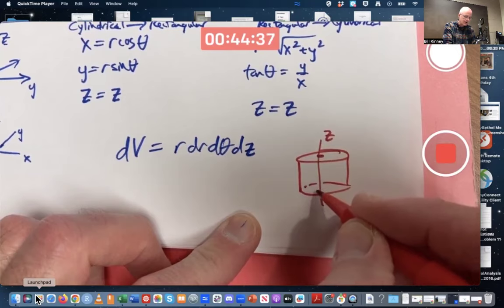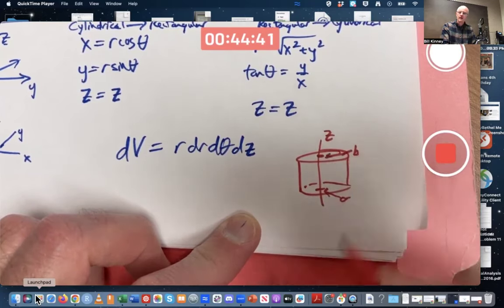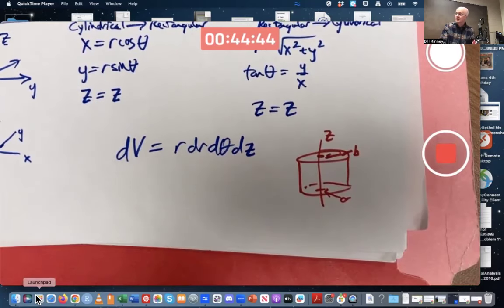Maybe it's, in general, from a to b. So for cylinders, it's nice. For portions of cylinders, half cylinders, where maybe theta goes from 0 to pi instead of 0 to 2 pi, or 0 to pi over 2, that would be a quarter cylinder. Those are examples of nice regions to use cylindrical coordinates for.